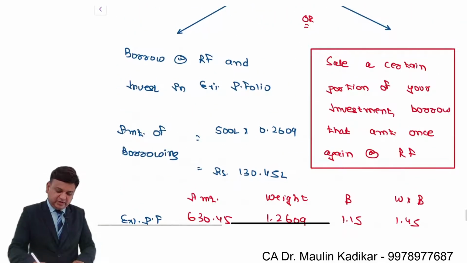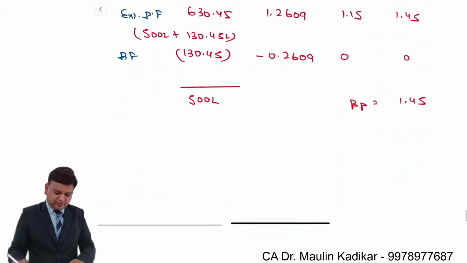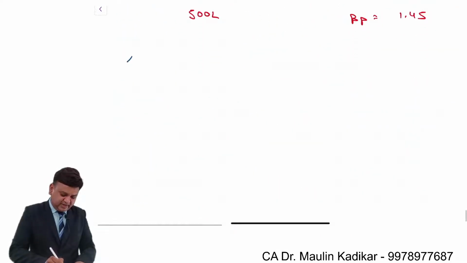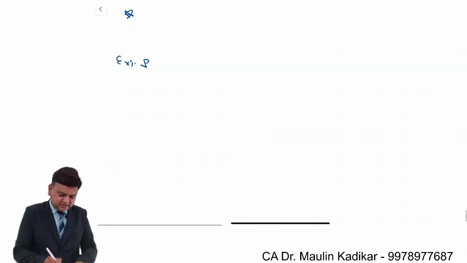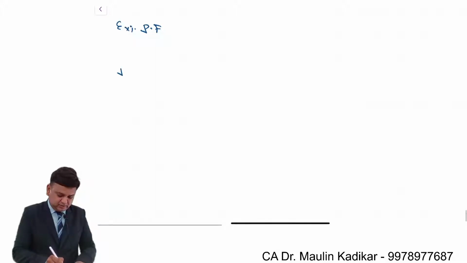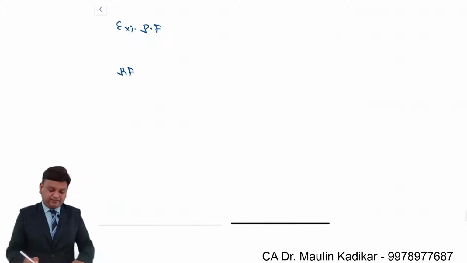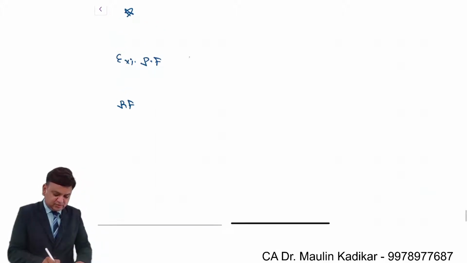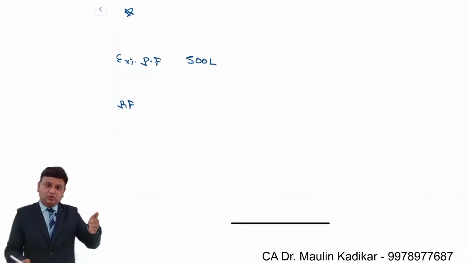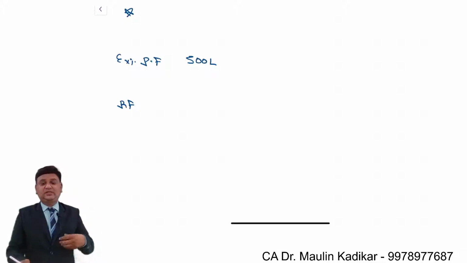So if you are doing like this, then how will the beta of the portfolio be 1.45? I explain that to you. Existing portfolio, risk-free security. Dear students, this will be 500 lakhs, because you have sold a certain amount of the portfolio. Again, you have borrowed that amount itself and you have invested.